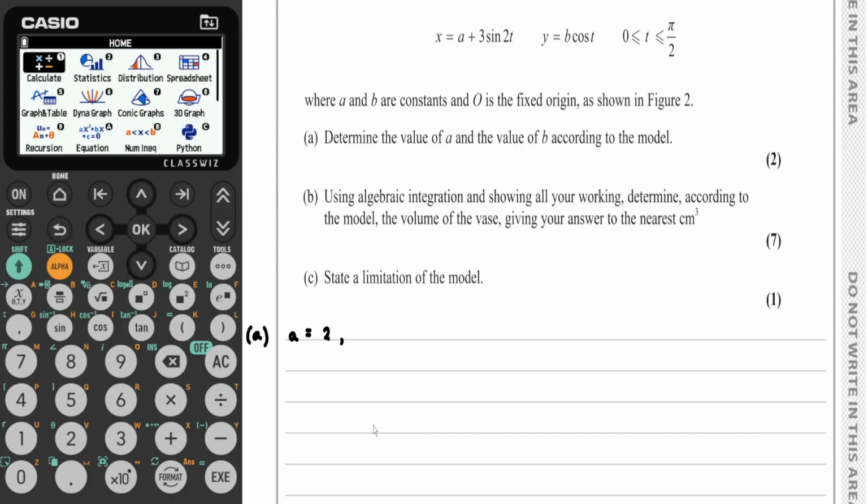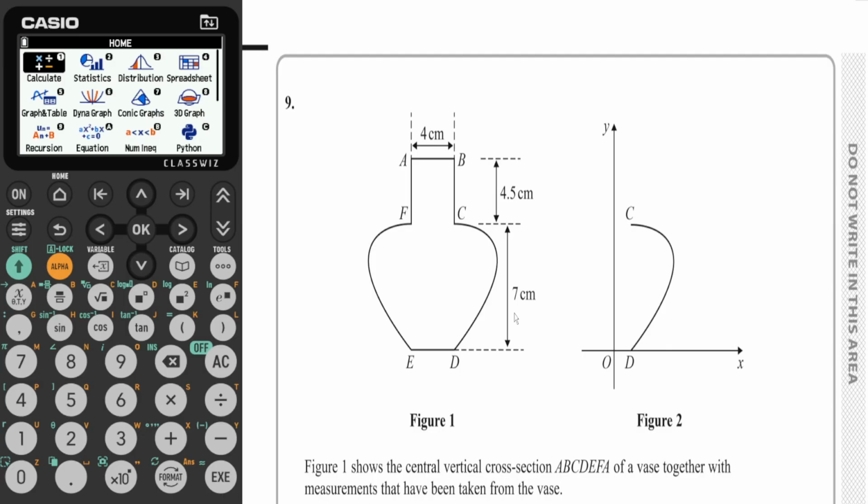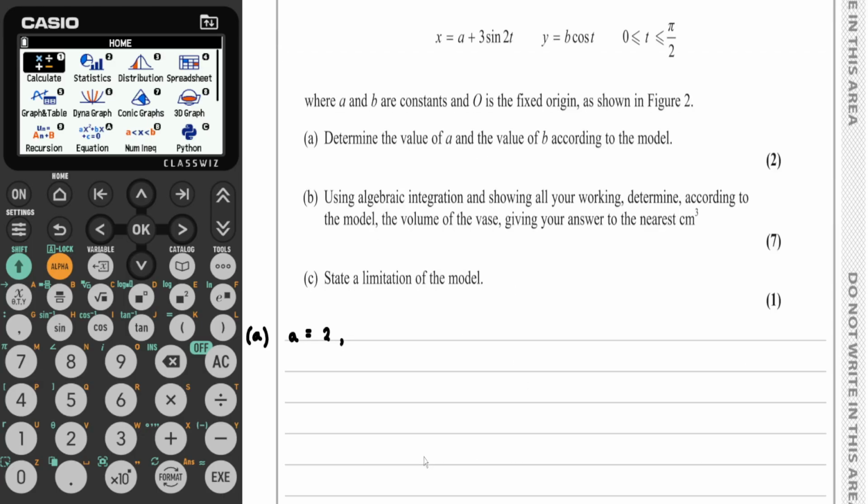And to find out the value of b, we know we have a height of 7, meaning b is 7. So that means x is equal to 2 plus 3 sine 2t, y is equal to 7 cos t.